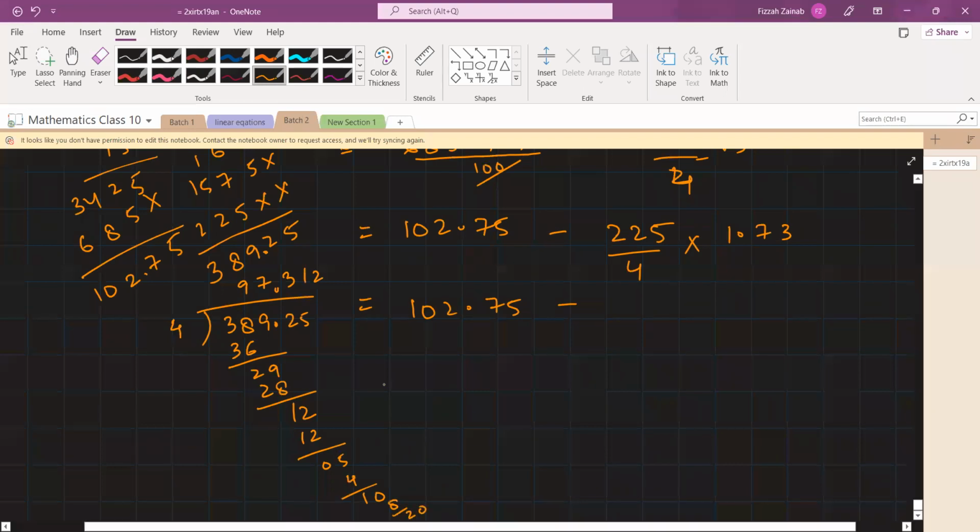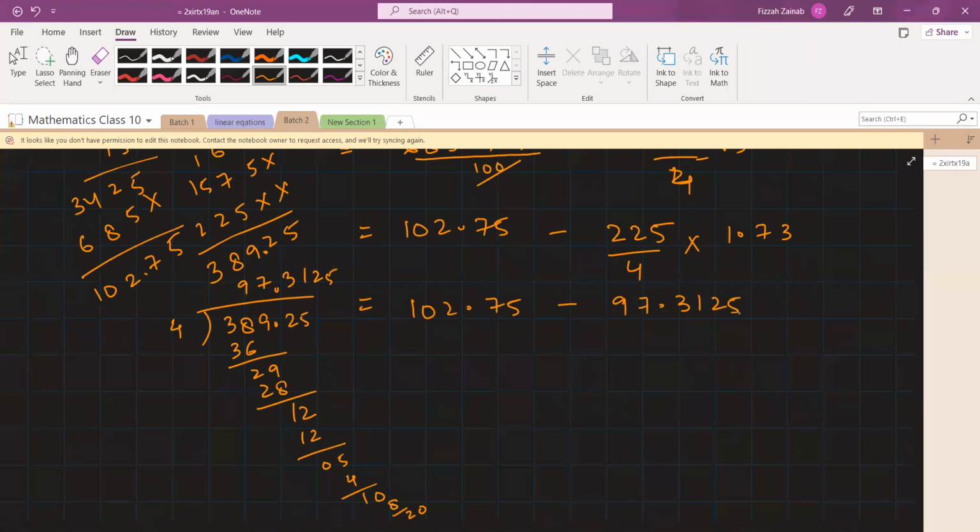And then you have 2, then it will be 5. So 97.3125 I'm also getting. You can reduce it to 2 places. 102.75 minus. So this will be 97 point, this will become 3 and then it will remain 31.